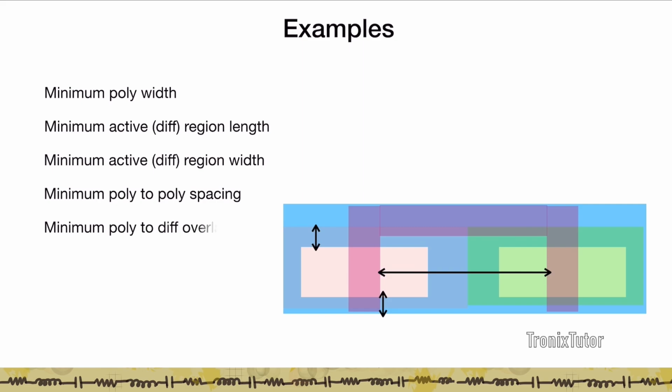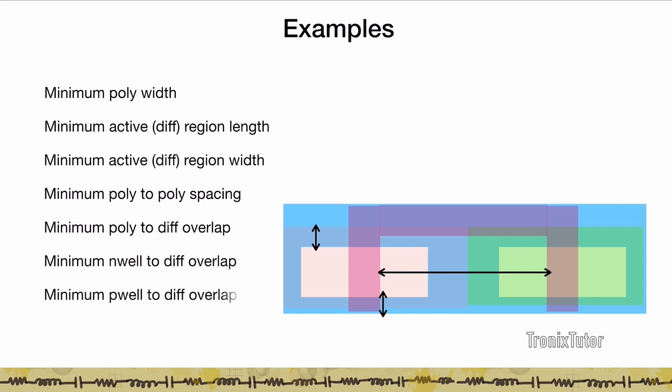Similarly, if you look at the poly, you want to ensure that the poly extends beyond the active region, so you have a rule which says what this minimum overlap between poly and active should be. You also want to ensure that this N-well that you've created has some overlap with the active, and this is to ensure that in the worst process variation, this N-well always covers the active, so I always ensure that this region is doped N-type.